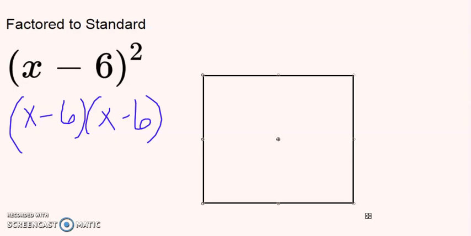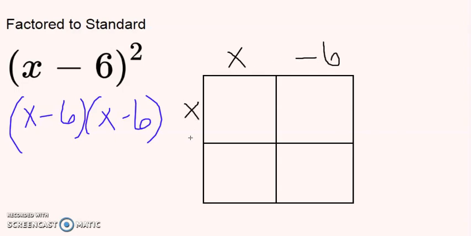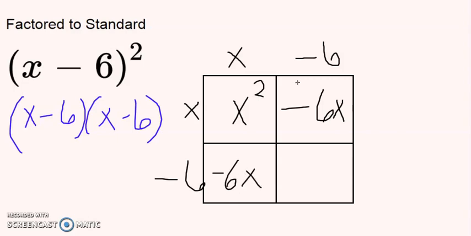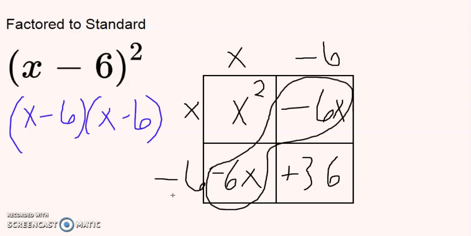So first you draw a box, and then you put x minus 6 at the top and x minus 6 on the side. x times x is x squared. x times negative 6 is negative 6x. x times negative 6 is negative 6x. Negative 6 times negative 6 is a positive 36. Combine the diagonal, the like terms, the two x's, and we get minus 12x. So your standard form is x squared minus 12x plus 36.